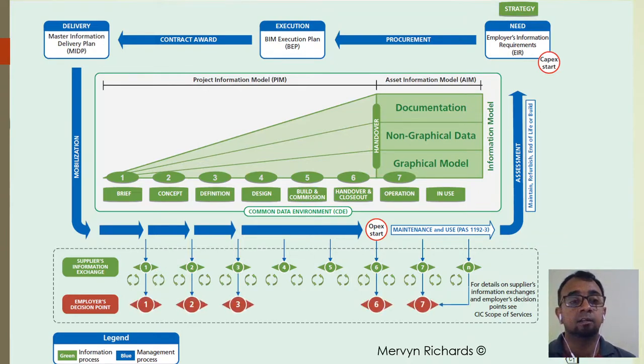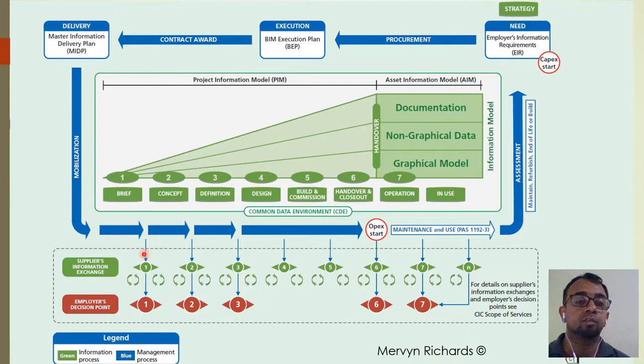Then these red toffees are information exchange with the client for key decision making. You may still exchange information with the client, but these red toffees represent information exchange with the client for key decision making by the client.